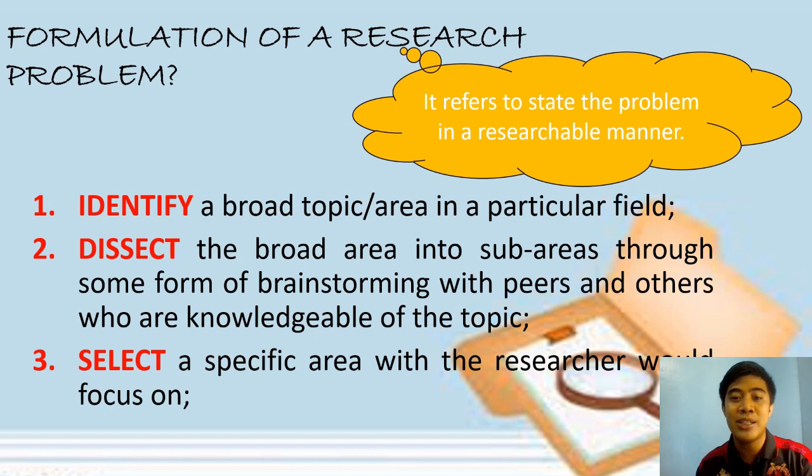So you can discuss that topic to your friends or group mates in order for you guys to have sharing moments of your ideas and your thoughts about that particular topic or research problem. After you dissect it, you are going to select the specific area the researcher would focus on.